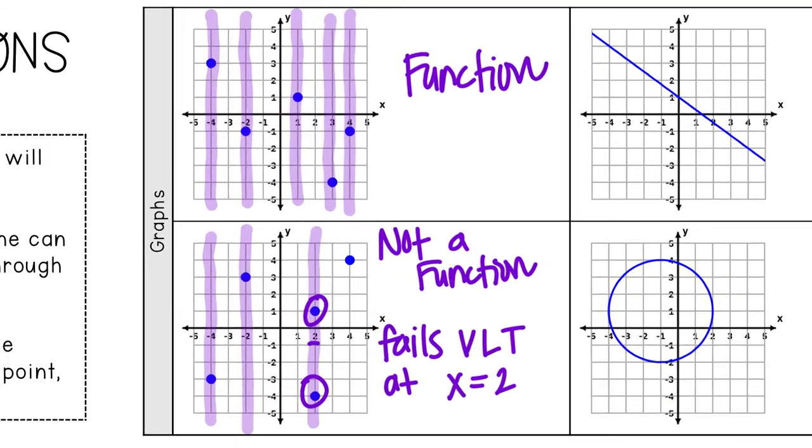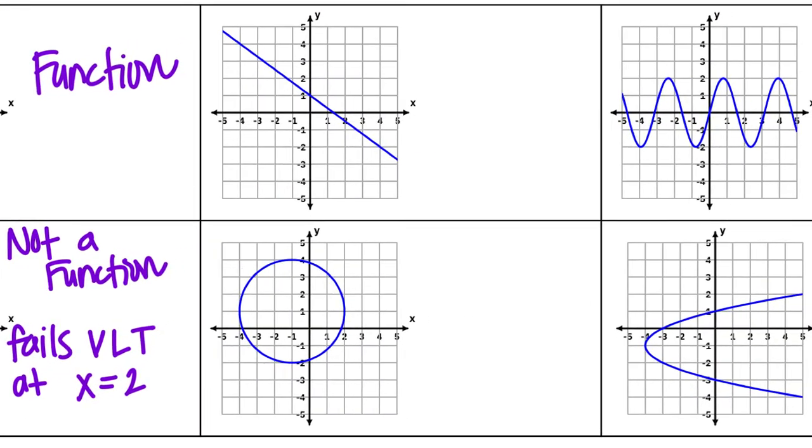Okay, so now let's look at some continuous graphs. So right next to it. And we're going to start the exact same way. So I'm going to do vertical lines pretty much all throughout the entire graph.